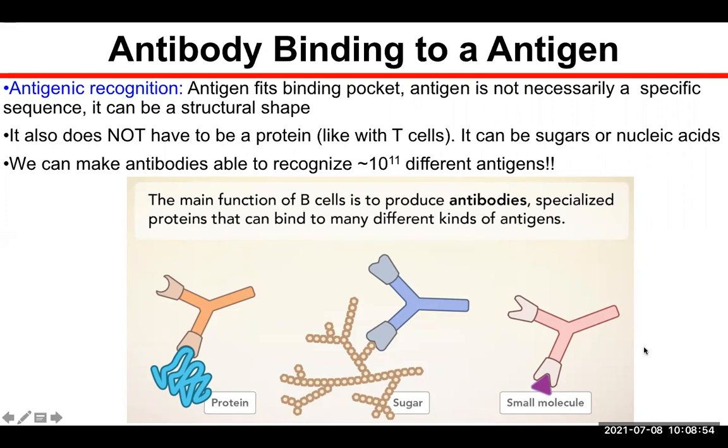And then the same thing with nucleic acids. So say there's a bacteria that ended up lysing and some of its genetic material is out, or same thing with the virus. If any of that nucleic acid is free floating within the body, your antibodies will be able to attach to it. And it's crazy because antibodies can basically recognize 10 to the 11 different kinds of antigens. It's crazy that it's able to do this.